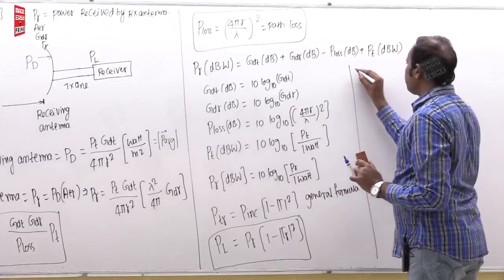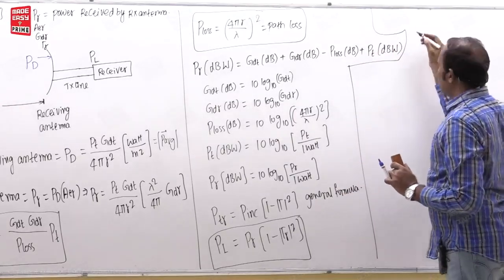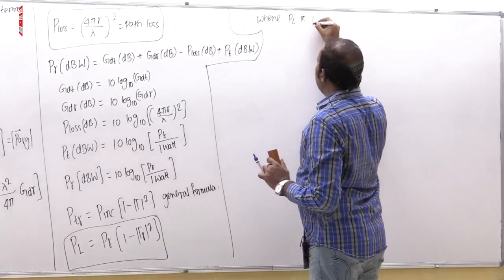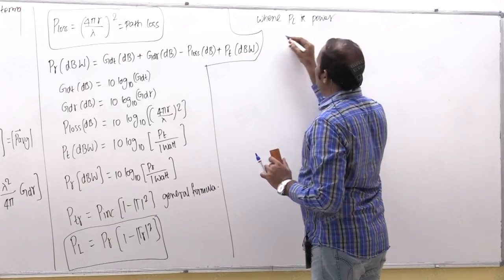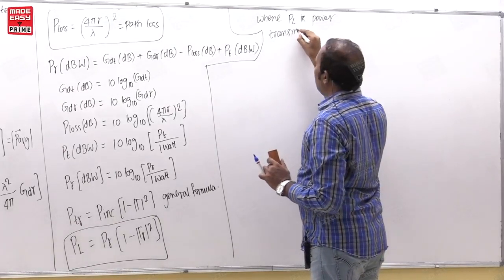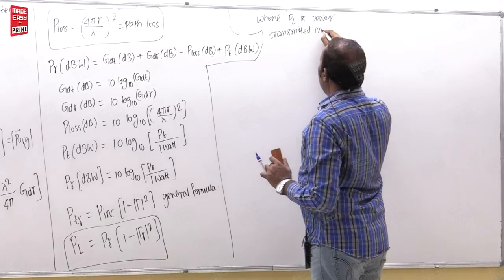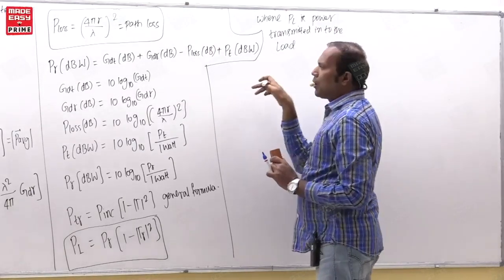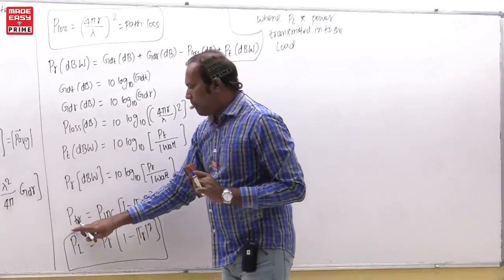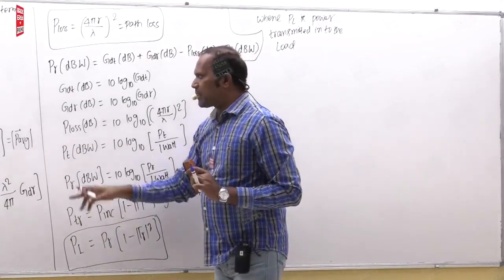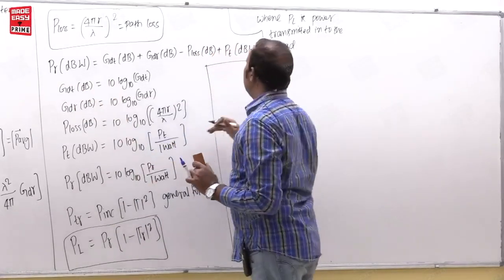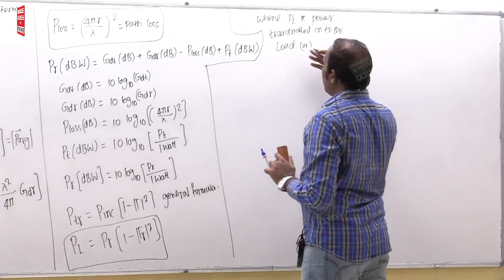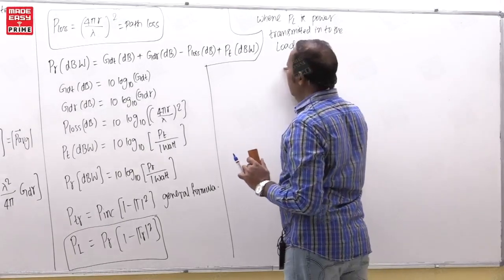Where PL is power transmitted into the load. Why am I writing power transmitted into the load? Because to match with this formula, PL is the power delivered to the load. So PL is power transmitted into the load, or otherwise power delivered into the load. You can understand it in that way.